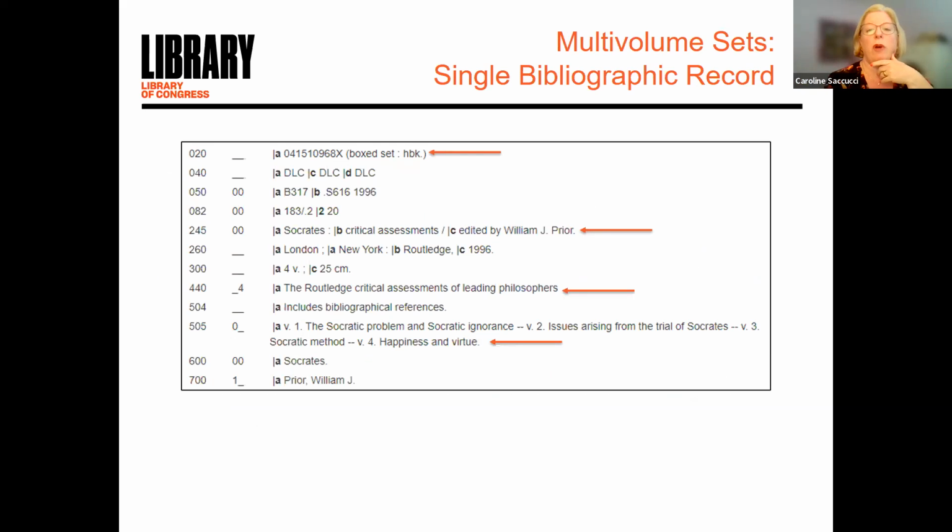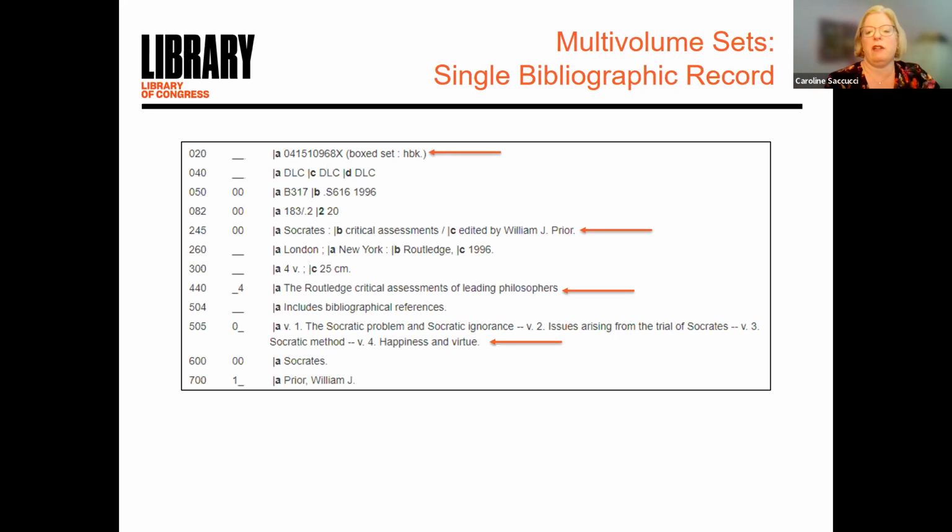It also happens to have one box set ISBN. It's possible that each individual volume has its own ISBN, and for some reason at the time in 1996, which was when this was cataloged, there were not any individual ISBNs. Again, this is very old, but the concept still applies.